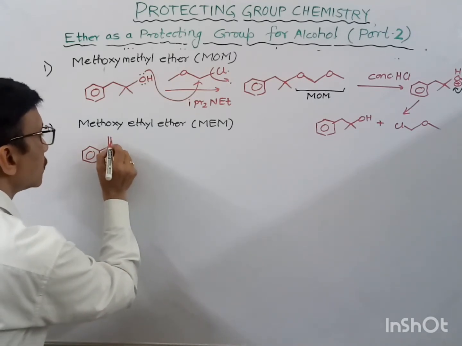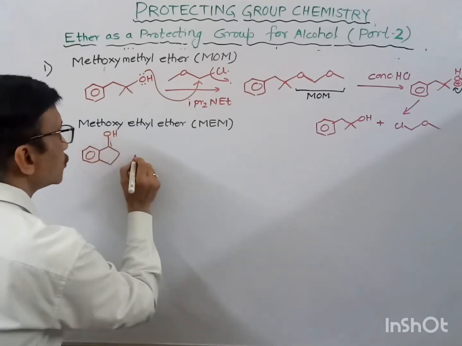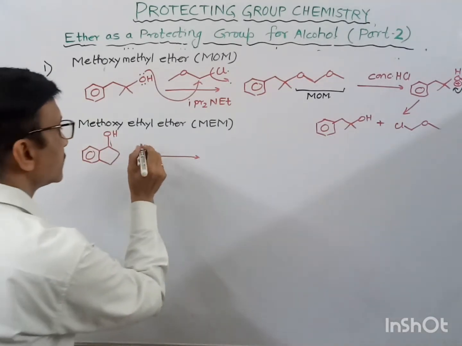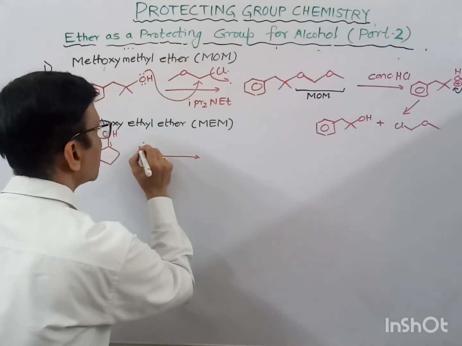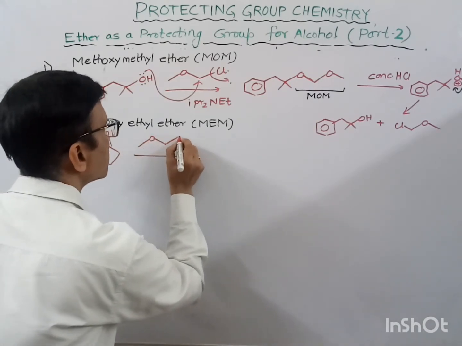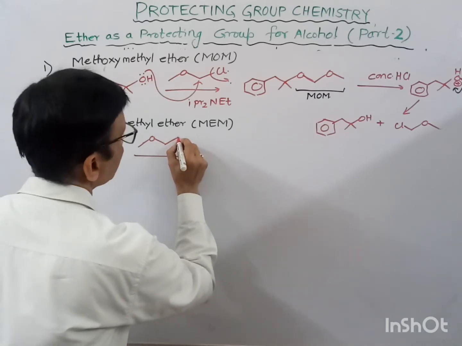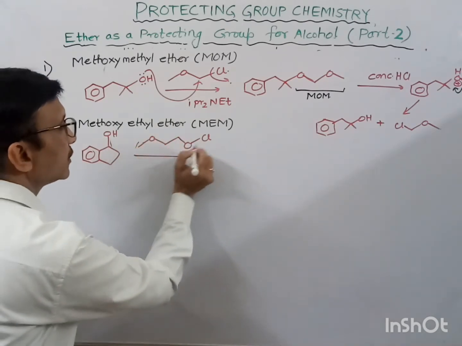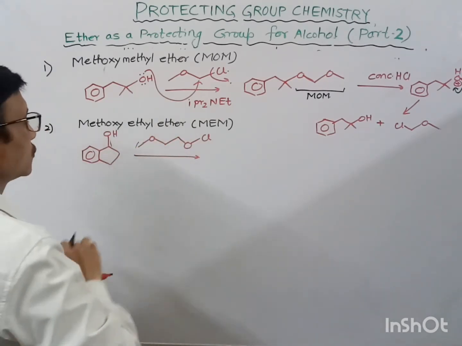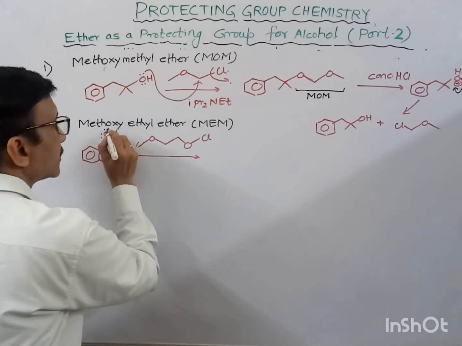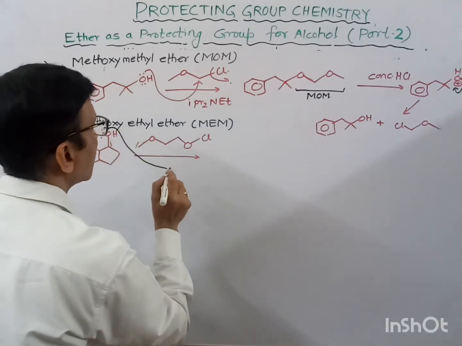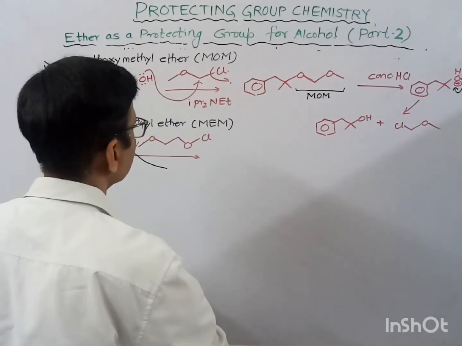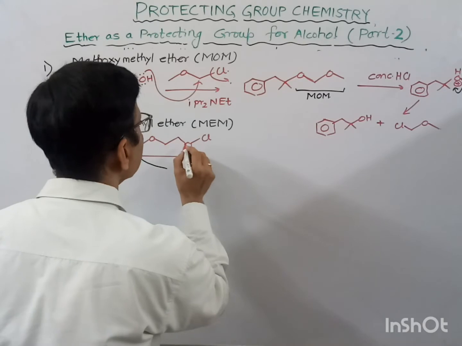Suppose this is our alcohol, and if we want to protect this OH group, then we may use the MEM chloride. This is methoxy ethyl chloride.